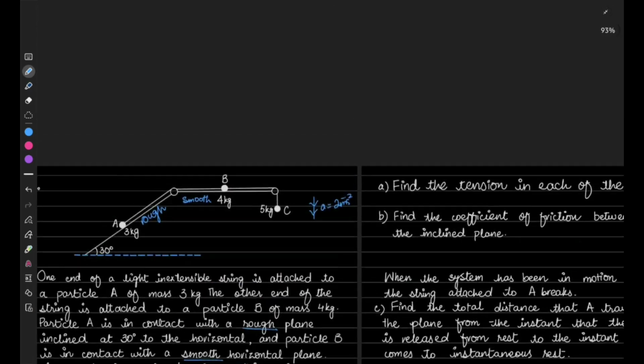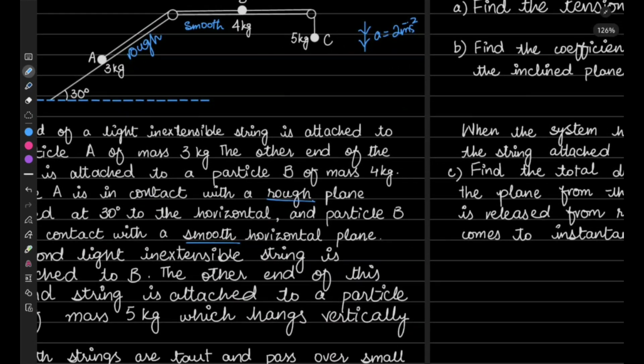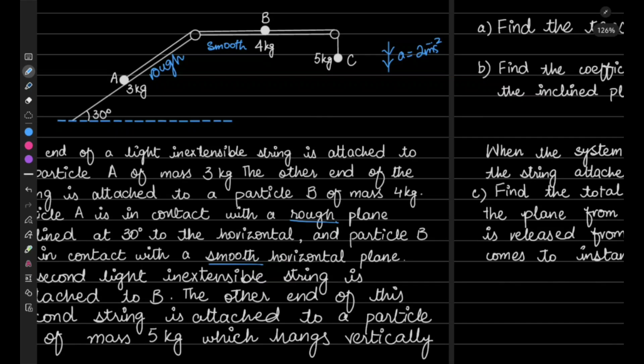Okay, so let's first represent the tension, mention how it would be. Tension would always be away from the point of observation. So one tension we take to be towards the pulley, away from the point of observation.